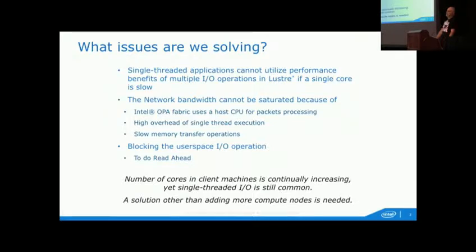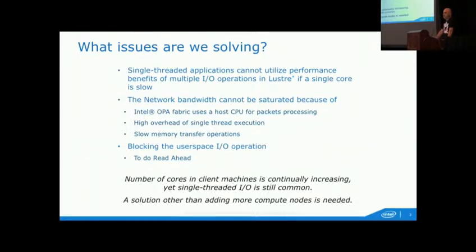So, in the current era of multi-core systems, the number of cores in client machines is constantly increasing, but single-threaded I/O is still common. Unfortunately, the frequency of each core in new multi-core systems has significantly dropped, and this mostly affects single-threaded performance.